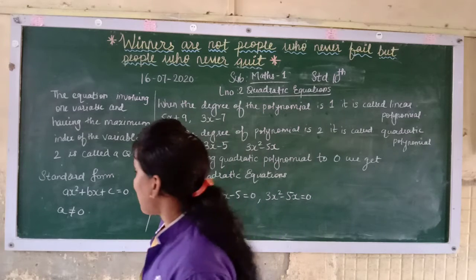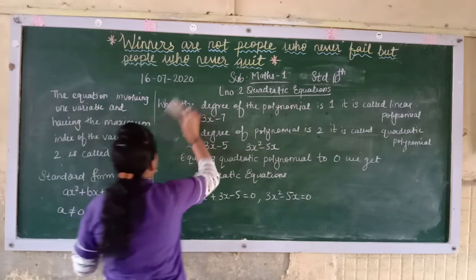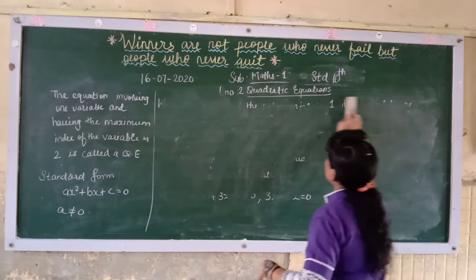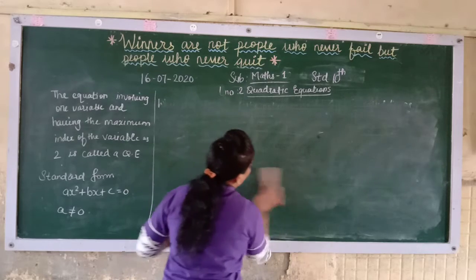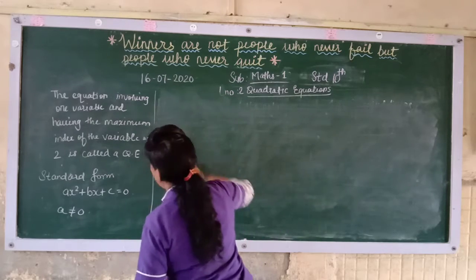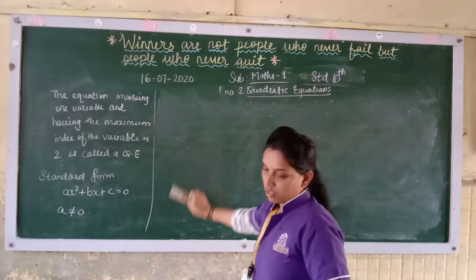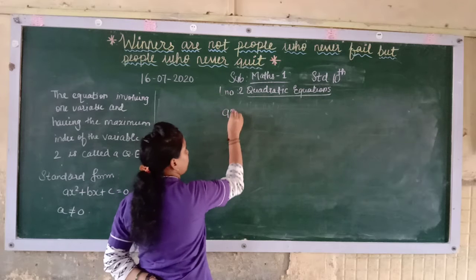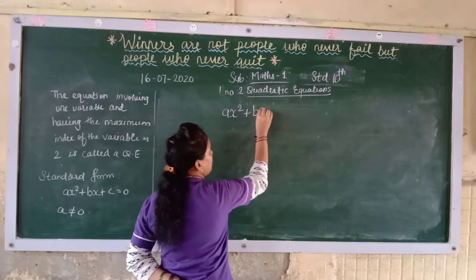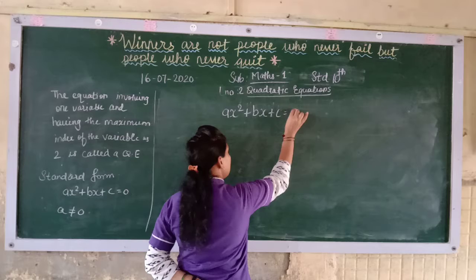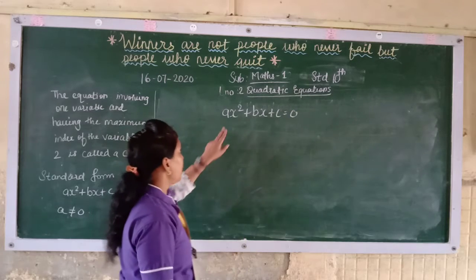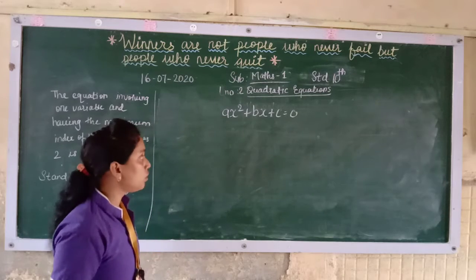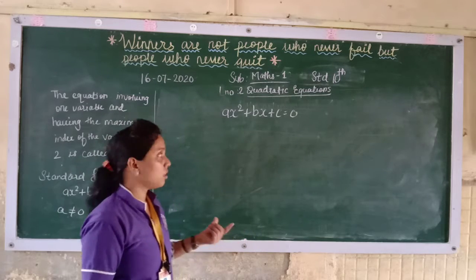Now the standard form of the quadratic equation is ax square plus bx plus c equal to 0, where a, b, c are real numbers and a is not equal to 0, compulsory.